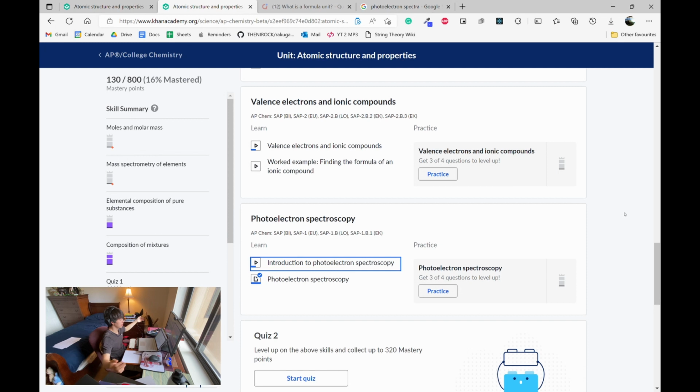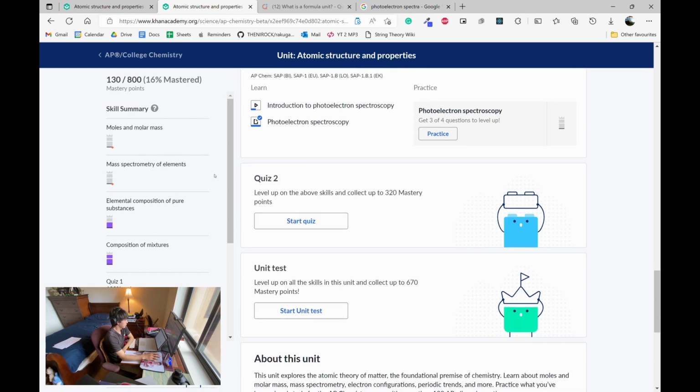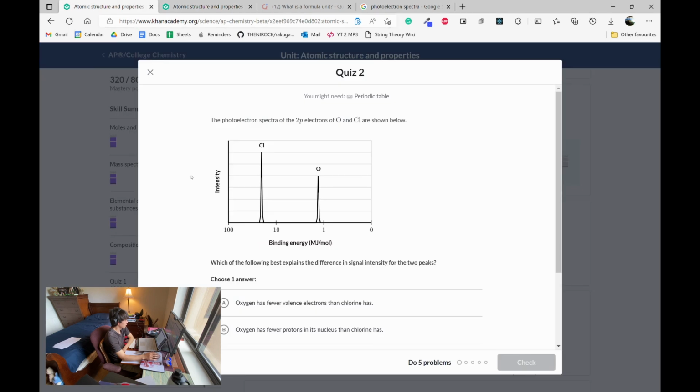So it makes sense it would go lower on the way out. Yes. Okay, and then now why are we talking about the difference in signal intensity? We're talking about where the 2p electrons are.